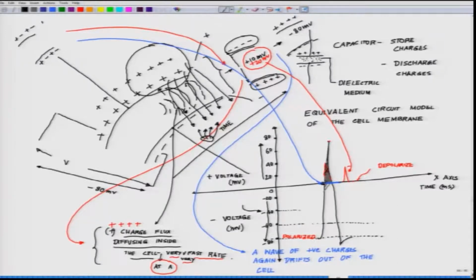So, if you put a voltmeter across it, it becomes 0 millivolt. So, there are equal amounts of charges across the membrane.